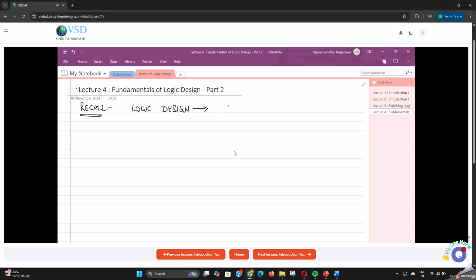So what did we understand? Especially we were talking about circuits which will take decisions for us, correct? So we were talking about binary decision making, correct? What are those?